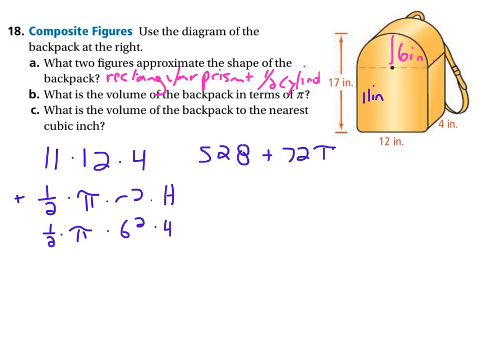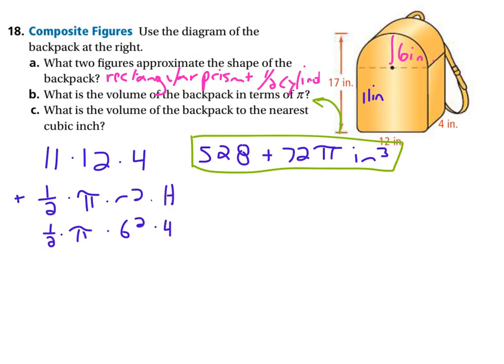But because the second one is multiplied by pi and the first one's not, we can't add them together. We just say 528 plus 72 pi, if we were writing it in terms of pi. And what's the units? The units are inches, so we got inches cubed. That's how you write it, as part B asks for: what's the volume in terms of pi?